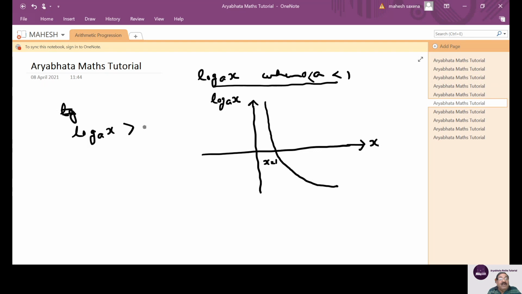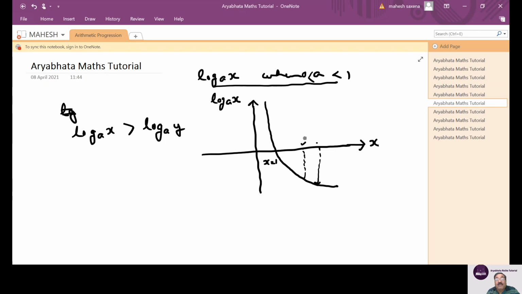Now in this case, suppose log base a of x is greater than log base a of y. Then we have to find what the relation between x and y is. Suppose 2 points are here, this point is here and this point is here. In this case, this is greater than this because it is less negative, and this one is more negative.